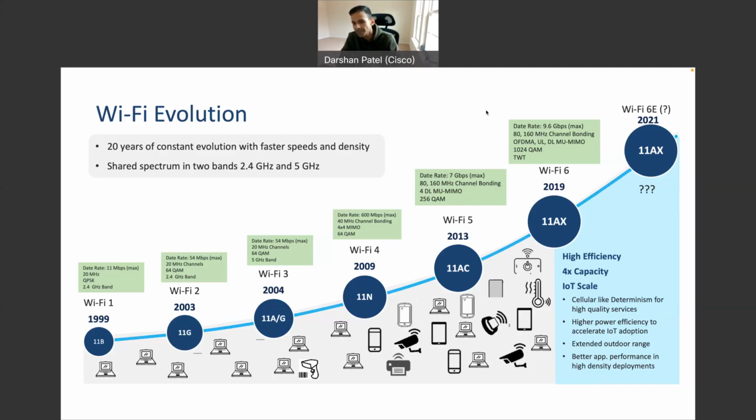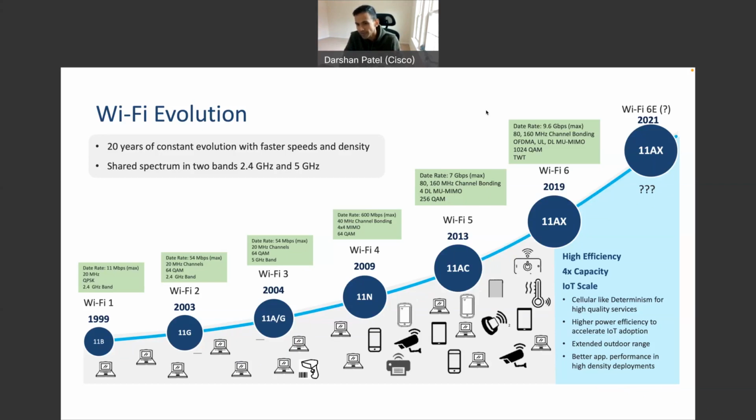But the evolution has continued to drive, because we got the best of the world, but the requirements keep on increasing. Customers need high quality videos, and more bandwidth requirements are driving the new evolution of Wi-Fi. So, okay, 802.11ax is highly efficient, it's great, but is it really? What are the limitations that we have even with 802.11ax?